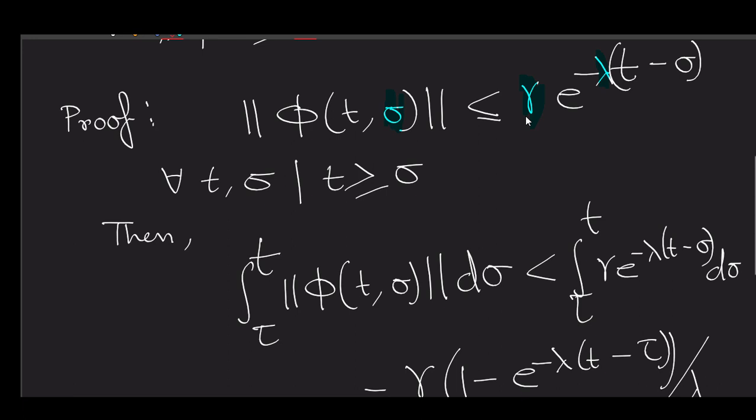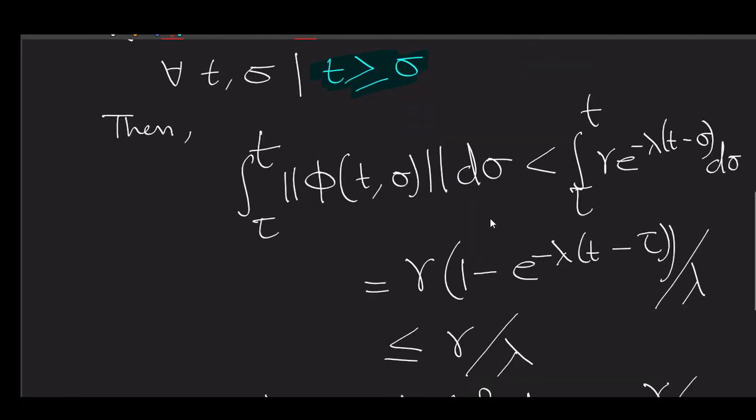So whether you write sigma, lambda, delta, gamma, whatever you want, it won't change anything. So this holds good for all t, sigma, with t greater than or equal to sigma. That is obvious, because we should only move in the forward direction.